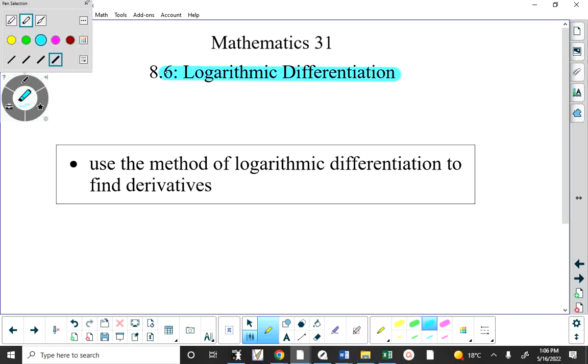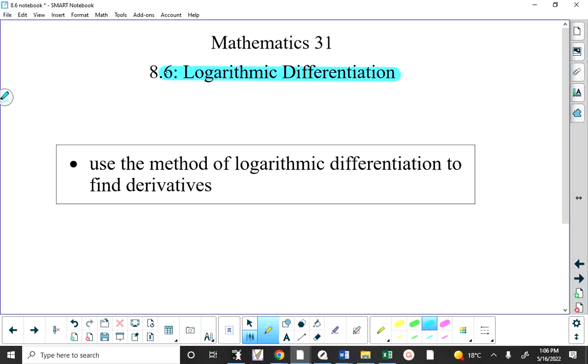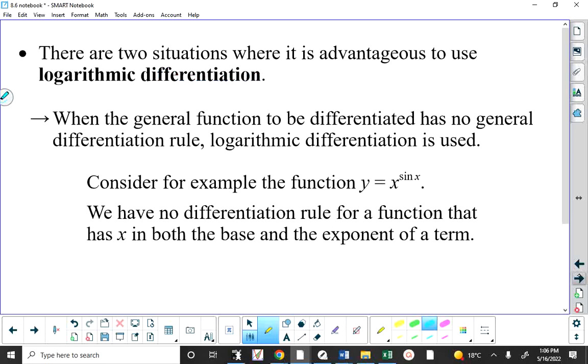It's not finding derivatives of logs, although it does involve that. The bigger picture is it's a method to find a derivative of something. There are two situations where you would use logarithmic differentiation. One of them is a situation where you must use it. The other is a situation where if you're smart, you will use it, but you don't have to.